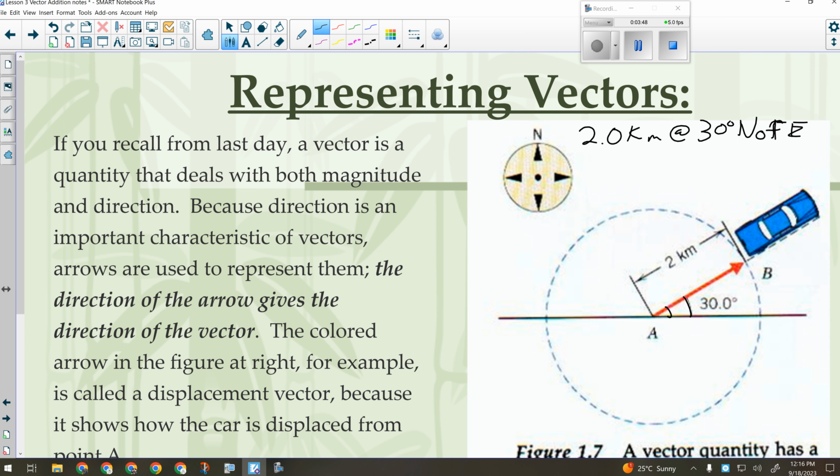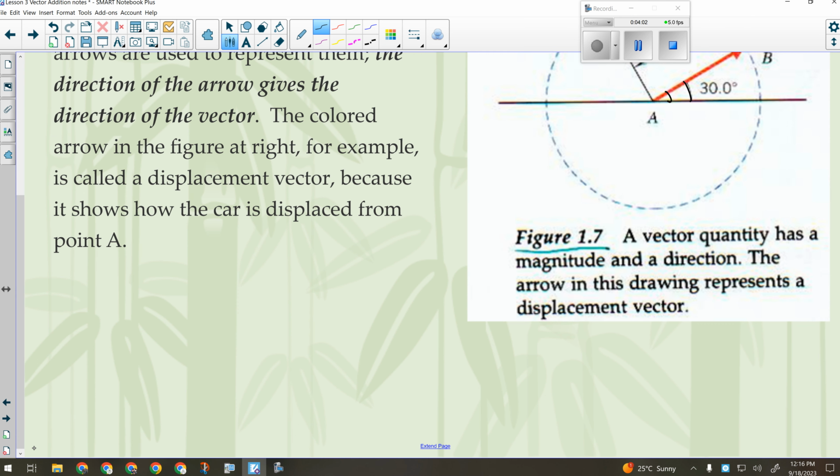Now, sometimes people just get that right away, and other people kind of struggle with it a little bit, and that's fine. There's all kinds of things you can do. If I'm drawing a vector, this is how I do it. So let's say I get this vector here. Let's say it's 4.5 kilometers at 42 degrees south of west.